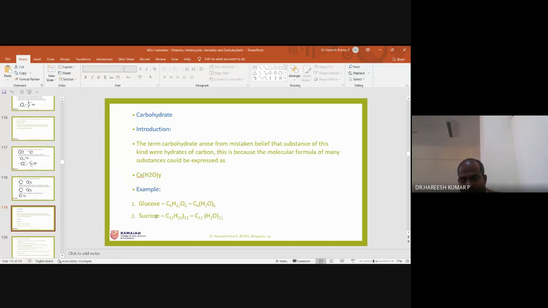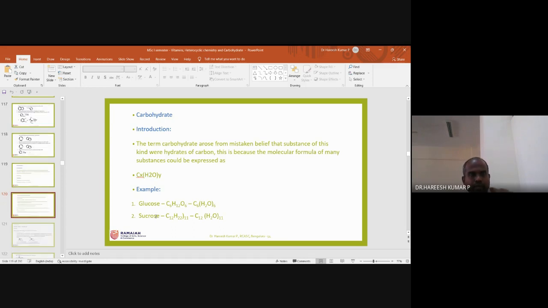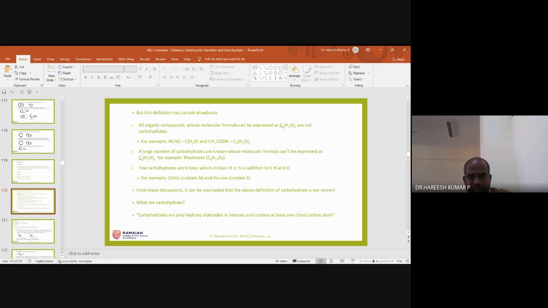Let's go to the next slide. But this definition has certain drawbacks. The definition says carbohydrates are nothing but carbon and water containing compounds, otherwise carbon and hydrogen containing compounds.